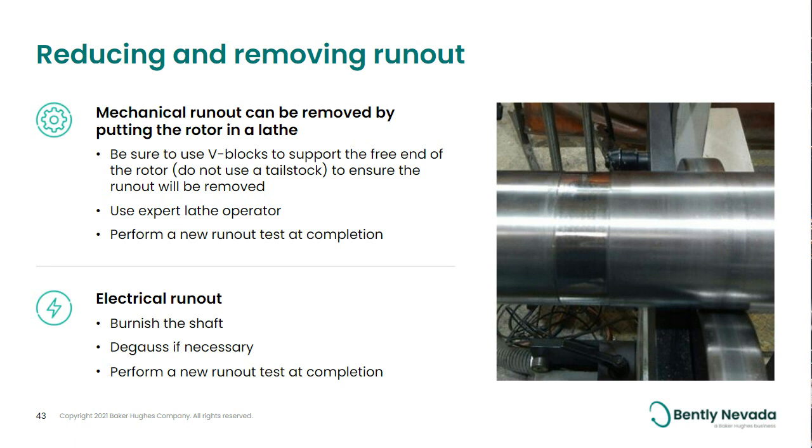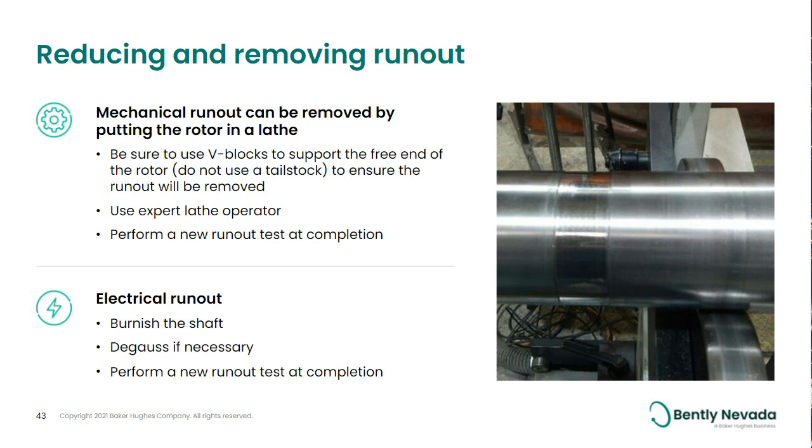One consideration might be to use B-blocks to support the free end of the rotor to ensure that the runout is removed so that you don't have any errors induced by a lathe or by a faulty lathe. That might be a consideration there. But once you've done a pass on machining it, perform a new runout test using the same reference material or reference points and be able to compare it and show that you have improved the situation there.